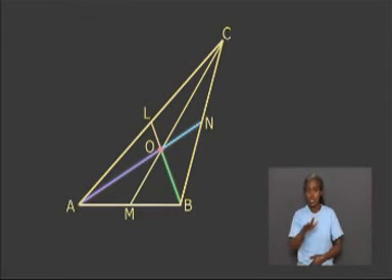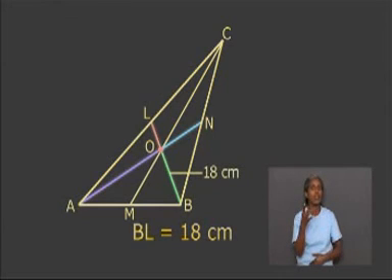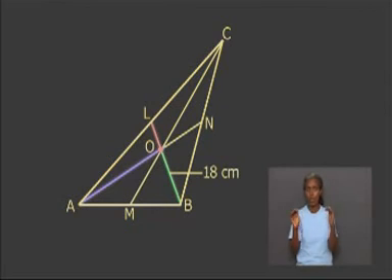If 2/3 of line BL is equal to 12, then the whole line must be equal to 18. If line AO is equal to 2/3 of 24, it must be equal to 16.